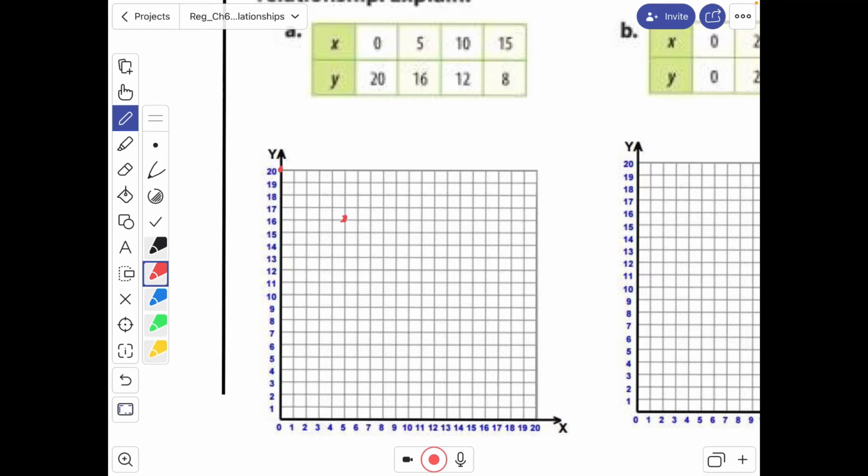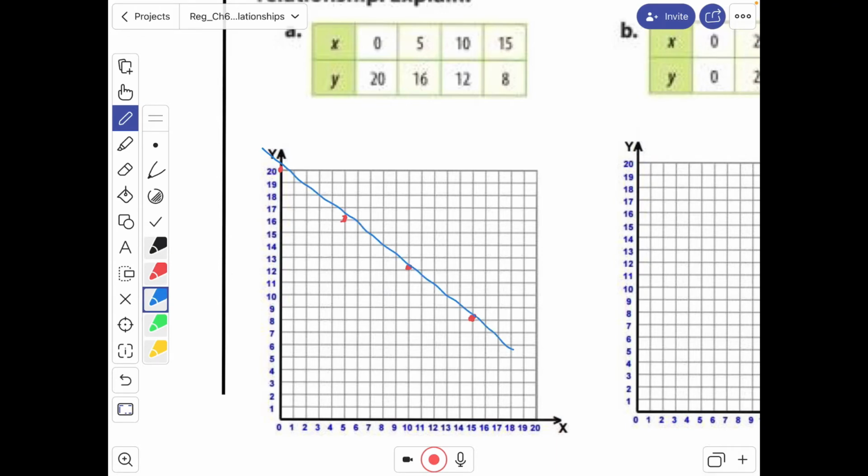And then to the right 10 and up to 12. And to the right 15 and up to 8. And as you can see, those are on a straight line.